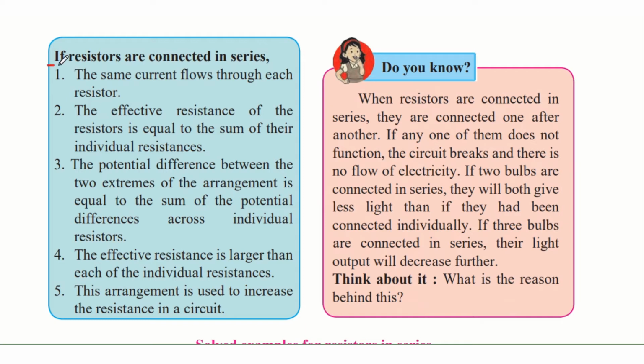So what is our conclusion from this? We can find out that if the resistors are connected in series, then the same current will flow through each of the resistors. So this is one point which is very important. The second is the effective resistance, that is the total resistance. We had used it as Rs of the resistors is equal to the sum of their individual resistances.